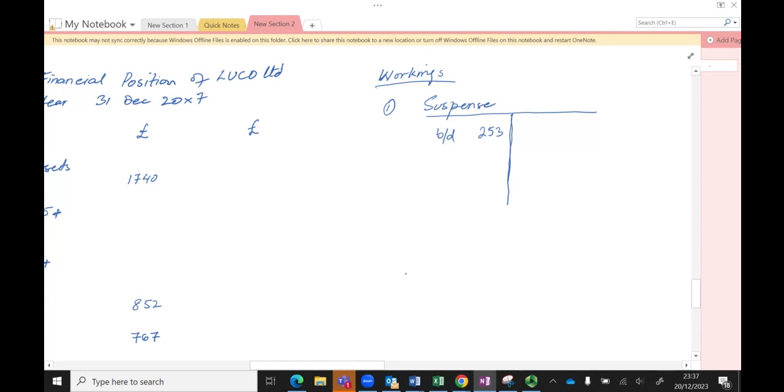Working number 2. Motor vehicle. That is 1740 divided by 4, and that is 435.